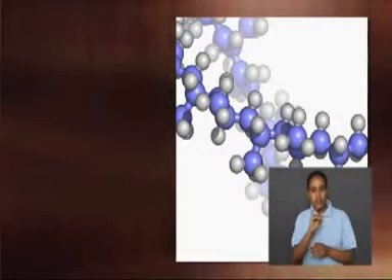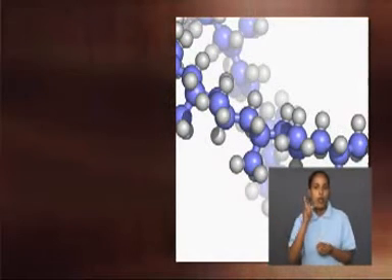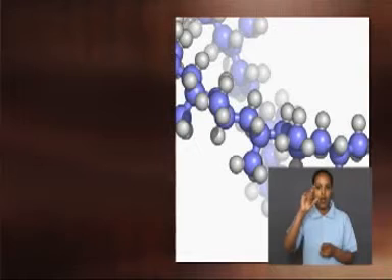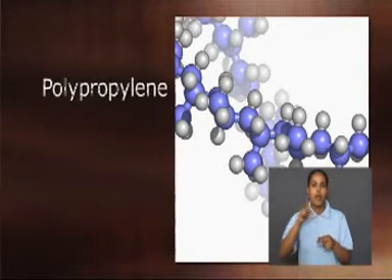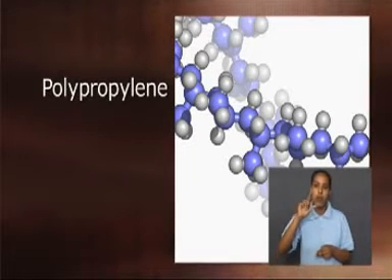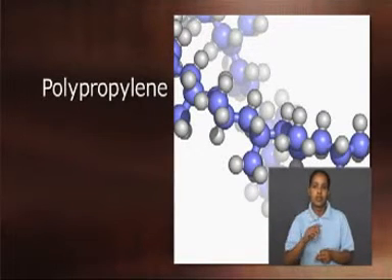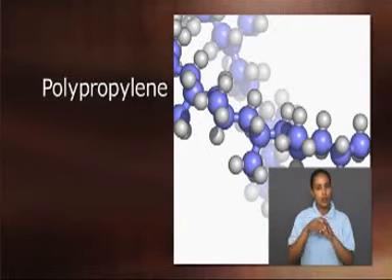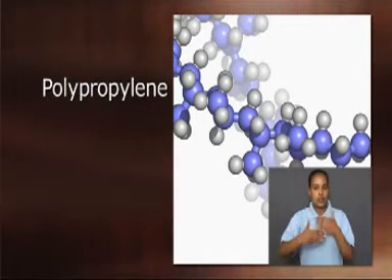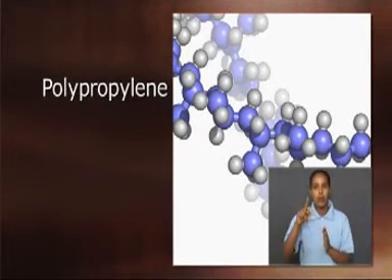A similar addition polymer to polyethylene is called polypropylene. Its monomer, called propylene or propene, is combined through addition polymerization to produce polypropylene.